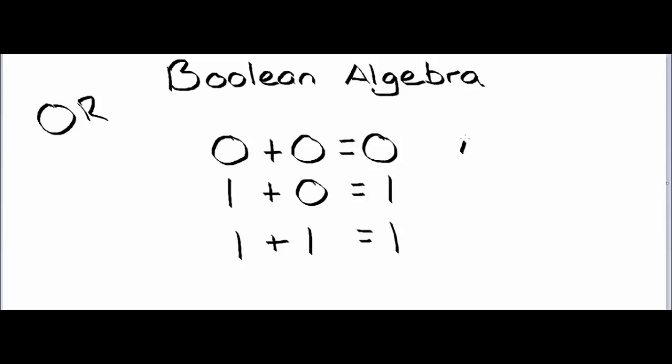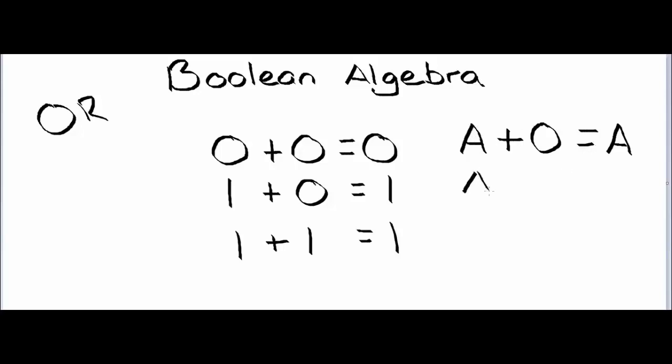If we say that we have A, which can be anything, either a 0 or a 1, and we add that to 0, then we know that the answer is always going to be A. The reason for that is because if A is 0, 0 plus 0 is 0, so A was already 0, so that makes sense. And if A is 1, then 1 plus 0 is 1. So again, A was originally 1, so that rule works.